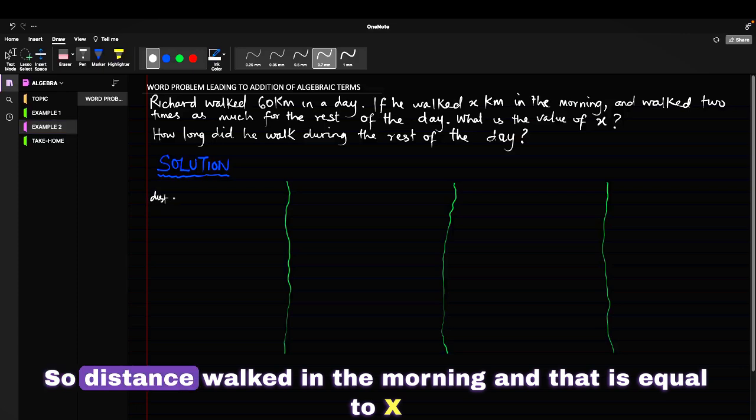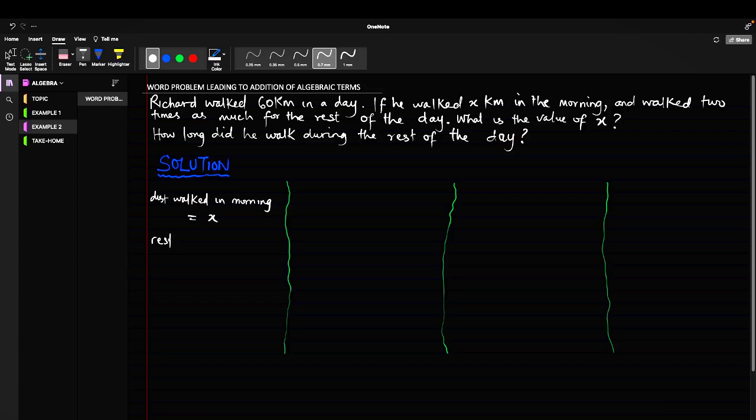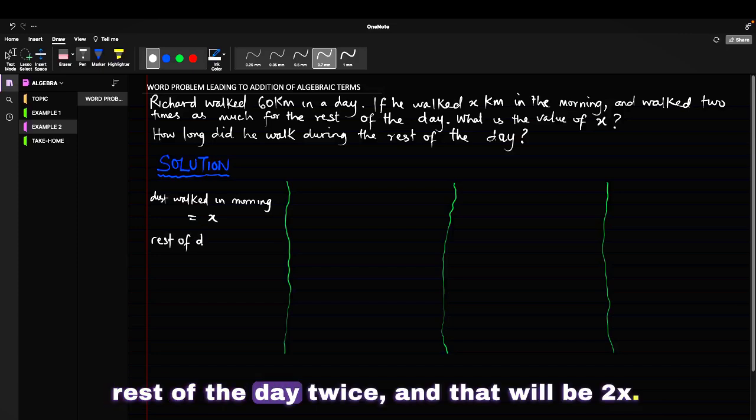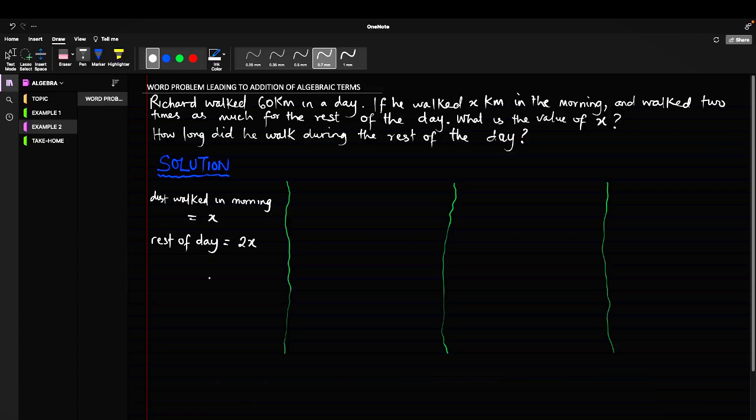Distance walked in the morning is equal to x. Rest of the day, twice, and that will be 2x.